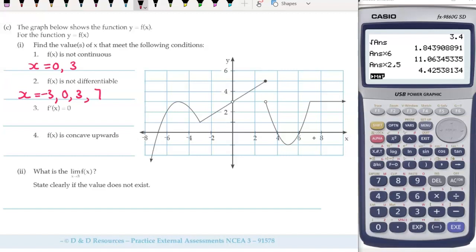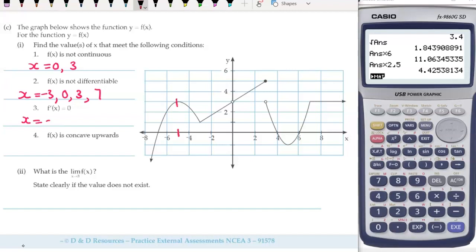For part 3, we want the derivative to be equal to 0. Or in other words, the gradient equals 0. So we're looking for any points on our graph that are either horizontal or they're turning points that give us maximums or minimums. So that happens just here. That's at minus 3. We've got another one. Wait, I misread that. That's not minus 3.